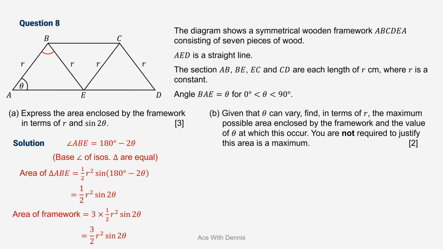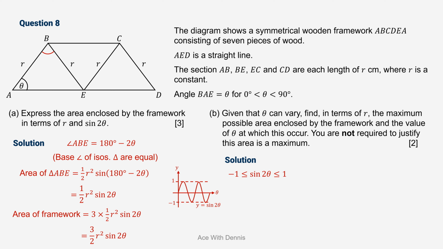Question B. Given that theta can vary, find in terms of r the maximum possible area enclosed by the framework and the value of theta at which this occurs. You are not required to justify that this area is a maximum. 2 marks. Here is the solution. As we can see, the area of the framework is 3 over 2 r squared sine 2 theta, and r is a constant.